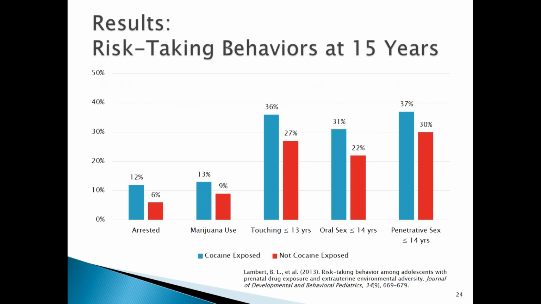For example, were they arrested? Did they use marijuana? And then for the sexual behaviors, we split our sample based on what we considered more early onset of those behaviors versus later onset. And after we controlled for other factors, we found that the differences between the cocaine exposed and the non-exposed remained significant for arrests and oral sex at 14 years or younger.